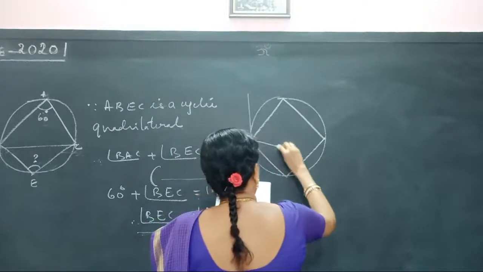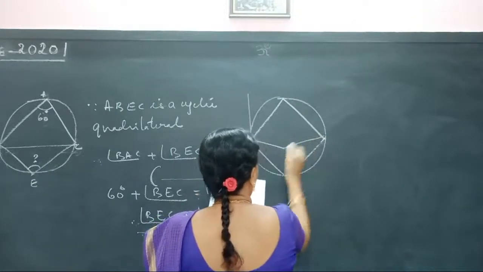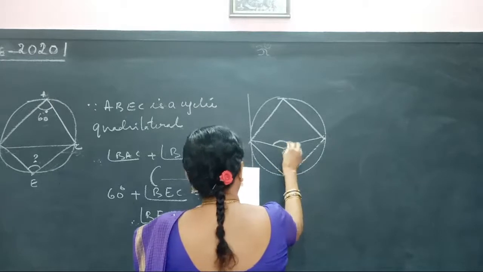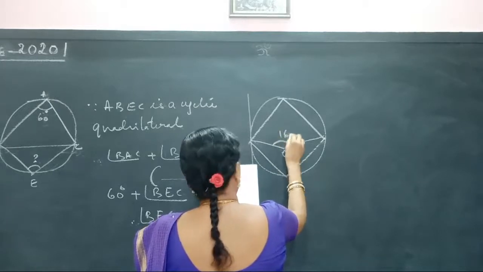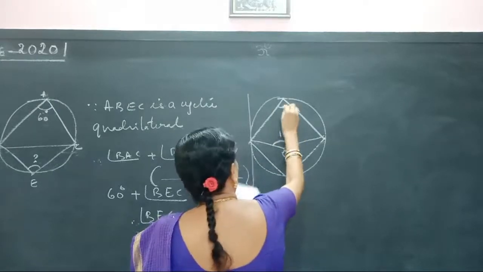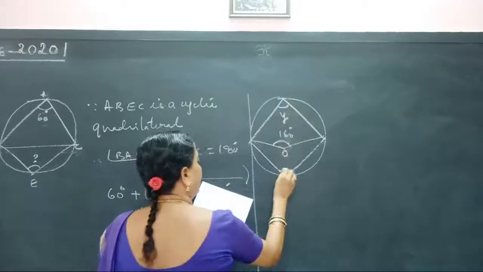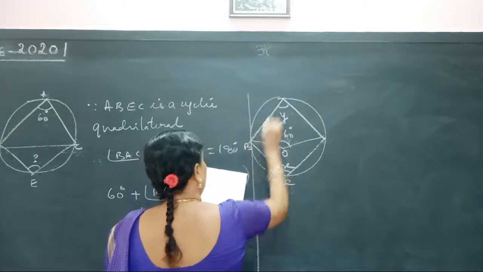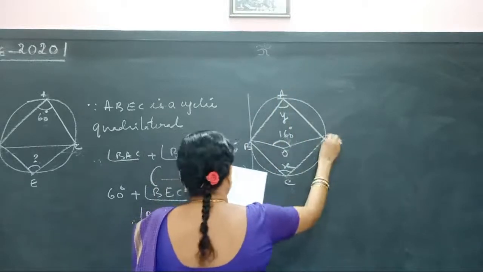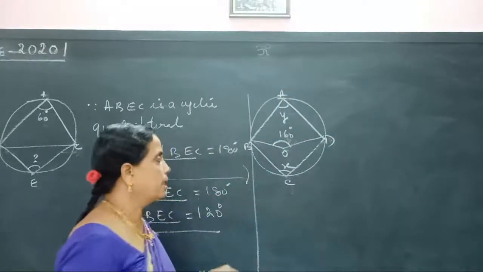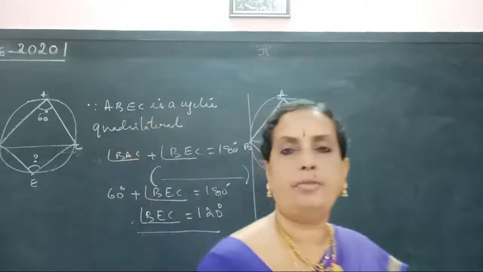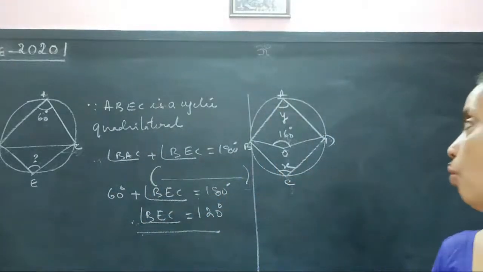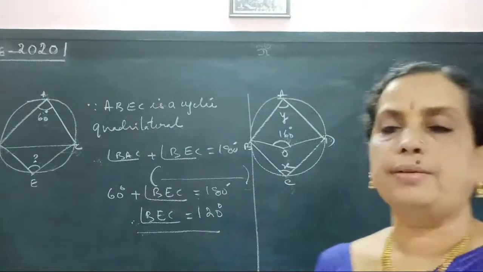Here the angle at the center is 160 degrees. We have to find out the measure of x and y. What is the measure of x and what is the measure of y, with reason?